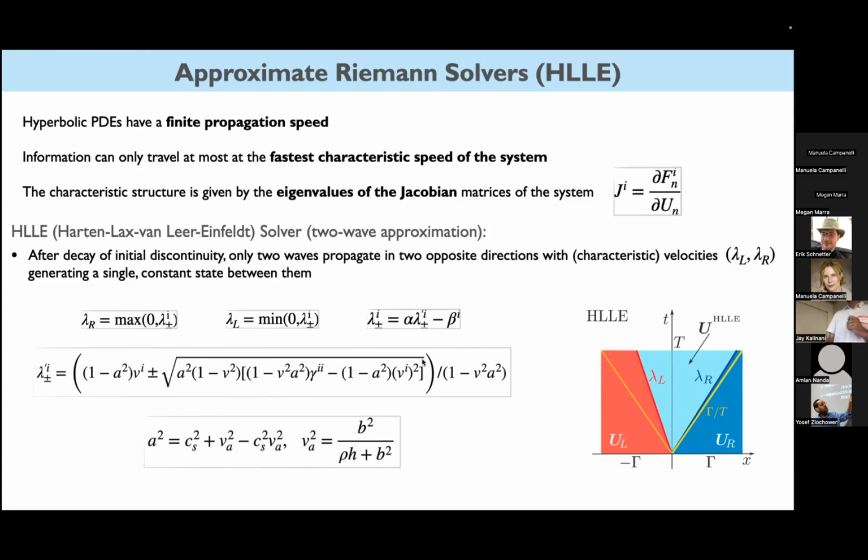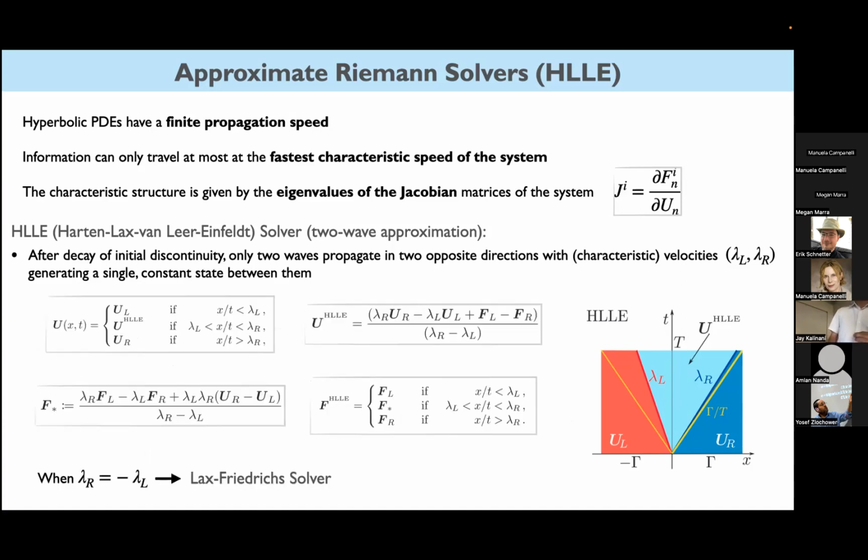You want to compute the state in between them. Here you have the characteristic velocities, lambda_R and lambda_L, where the discontinuity propagates in two opposite directions. And from Anton et al., you might find this prescription for these characteristic speeds.